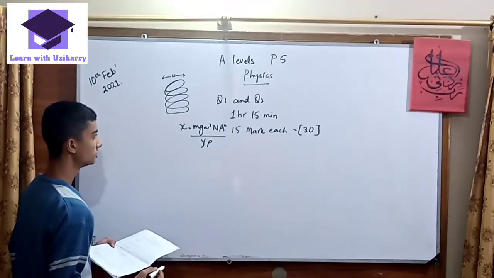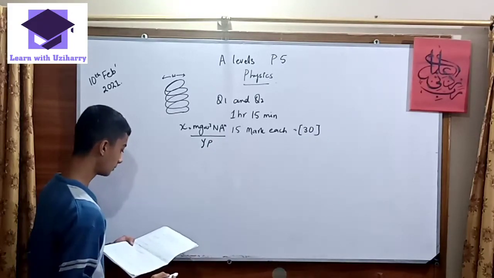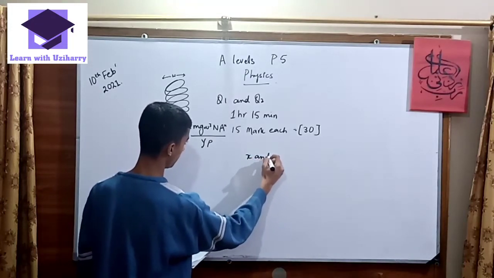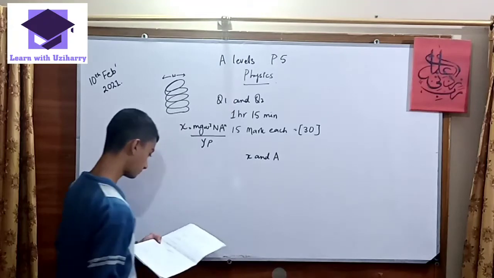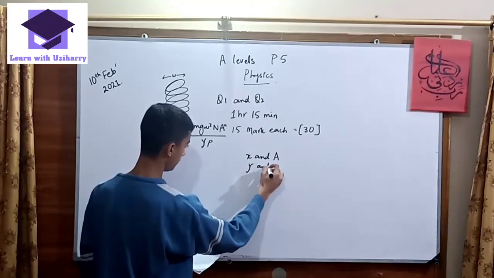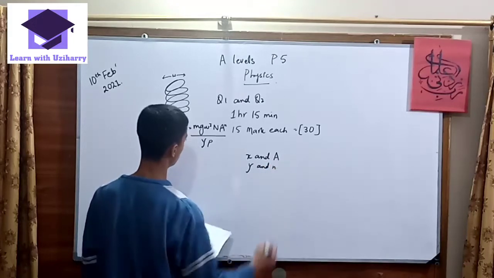In the question, a laboratory experiment between the extension and the cross section area is given, and we must determine the values of beta, the variable, and n, the number.